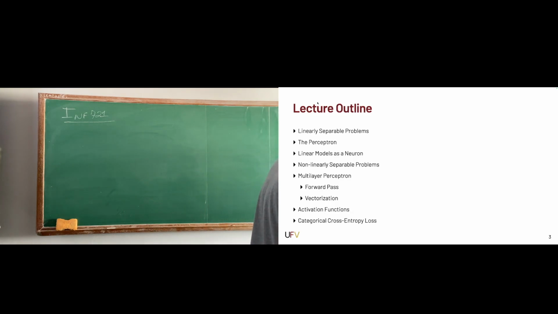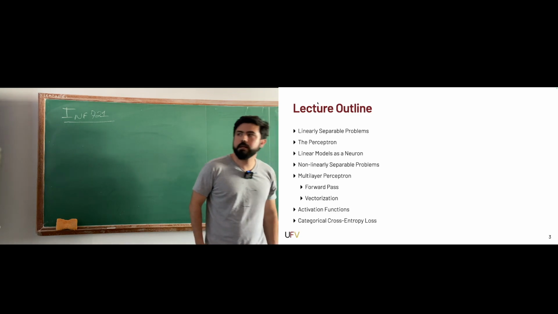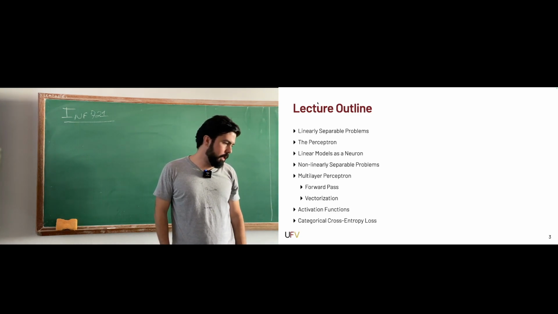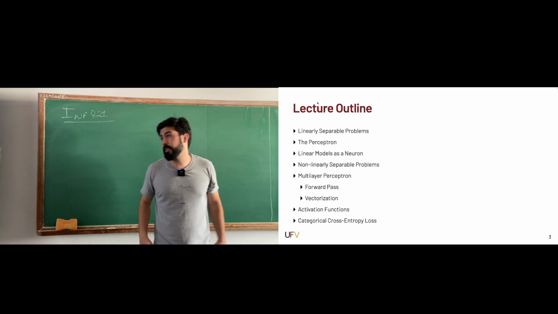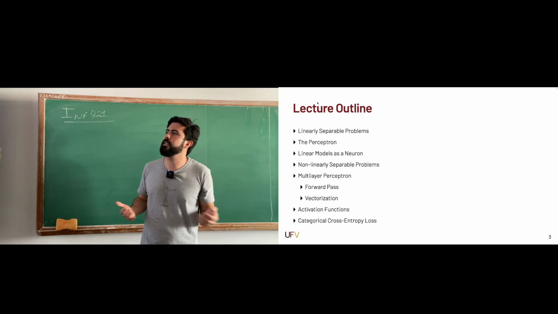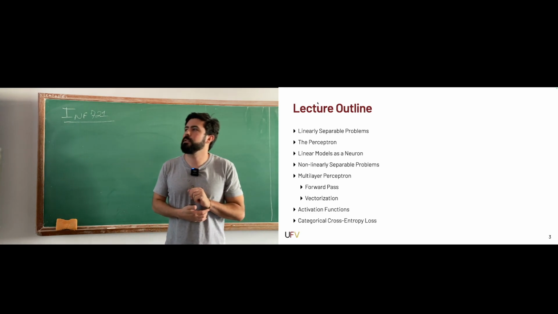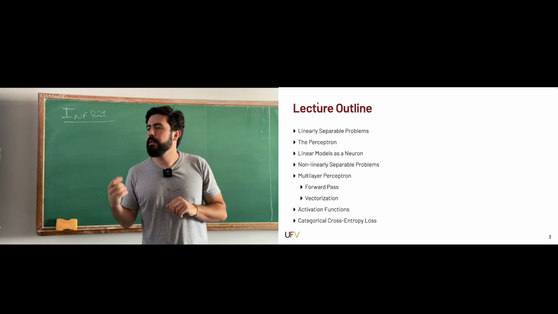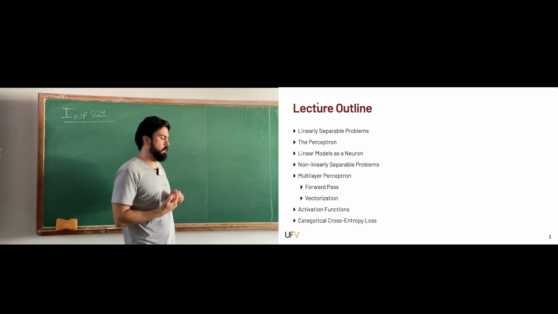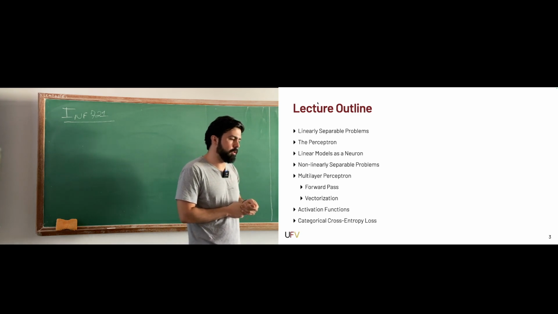Okay. So for today, we're going to talk about linearly separable problems, which is the kind of problems we have been dealing with up to now. And there's one algorithm I want to quickly introduce, which is the Perceptron.